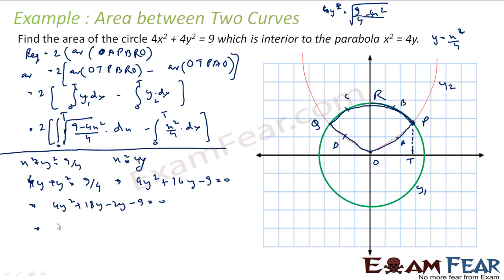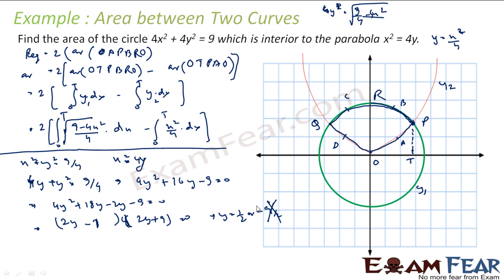You solve this, 2y common, 2y plus 9 into 2y minus 1 equal to 0. So I can say y is equal to 1 by 2 or minus 9 by 2. Since we are talking about these points here, y is positive, correct? These 2 points I'm talking about here, y is positive, so ignore the negative part.